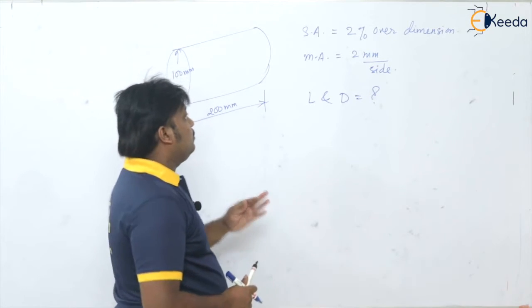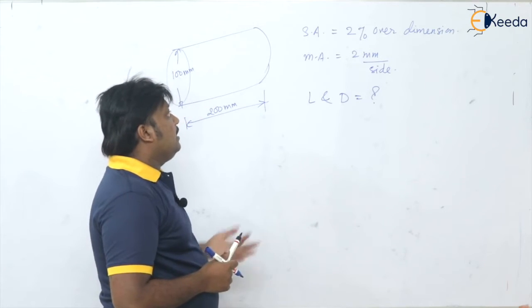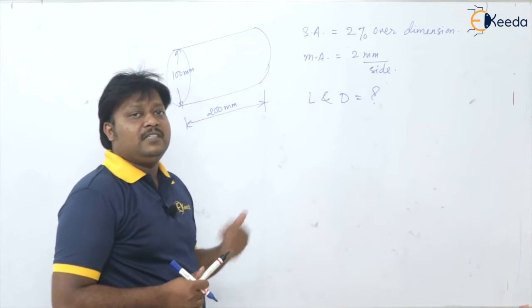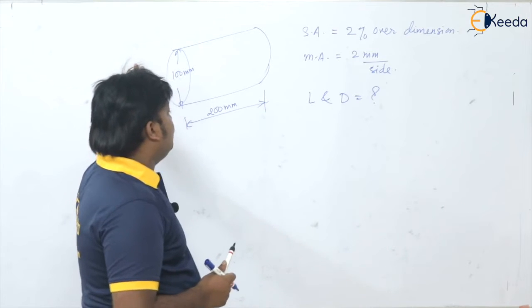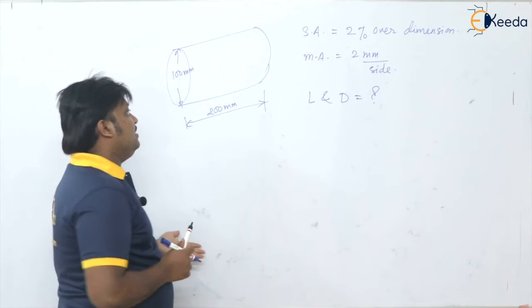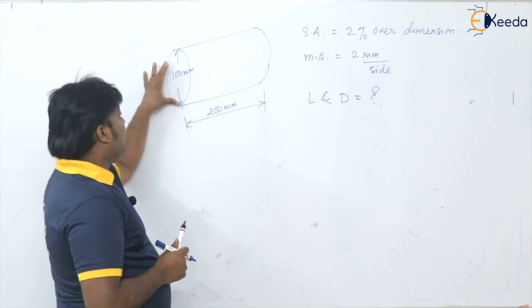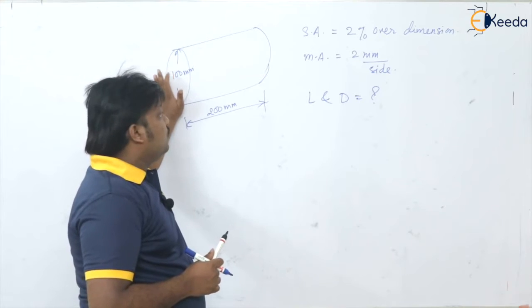Now, as I told you, which allowance do we have to take first and which allowance is taken next? If I directly provide the shrinkage allowance first on this length 200 mm and diameter 100 mm, what will happen?